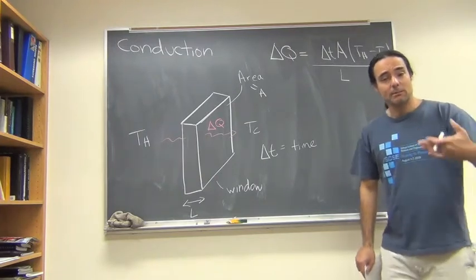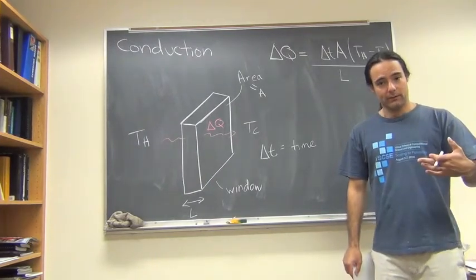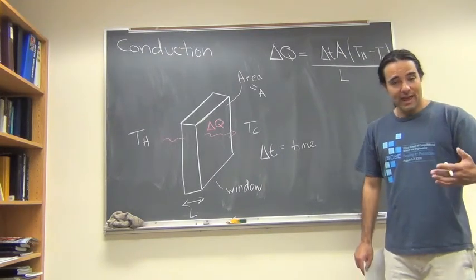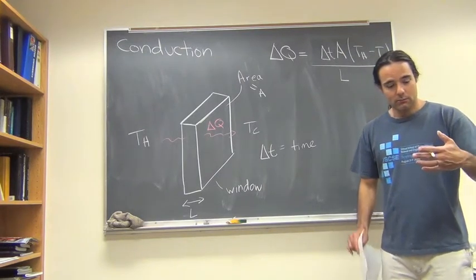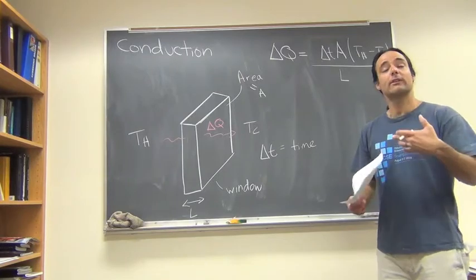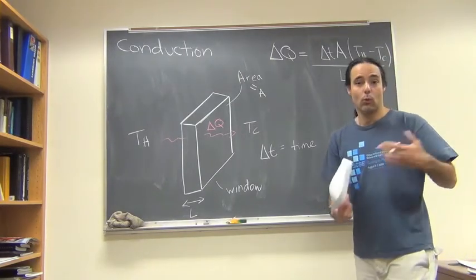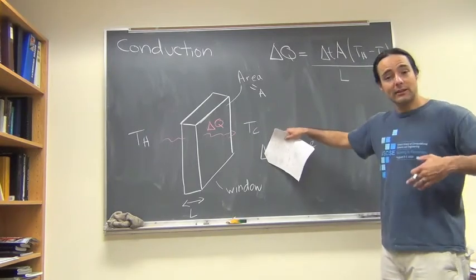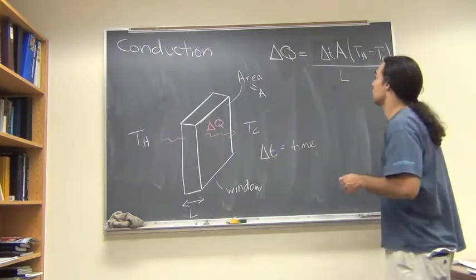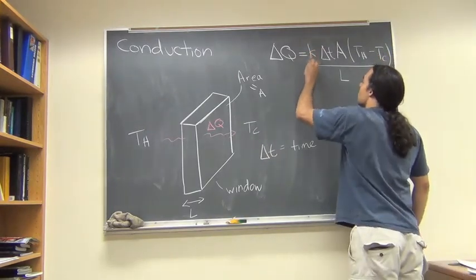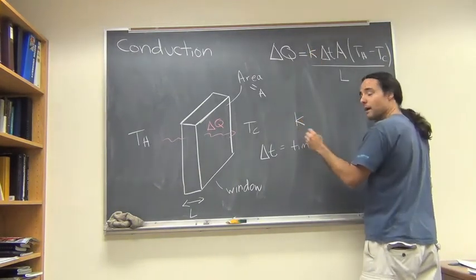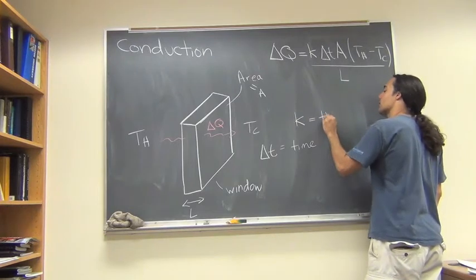And then lastly, it's going to depend on what your window is made of, what type of glass, for example. So glass has a different ability to let heat through than, say, wood or concrete does. So we'd expect that it's going to depend a little bit on the material as well. And it does through a parameter called K. This is a material-dependent parameter called the thermal conductivity.